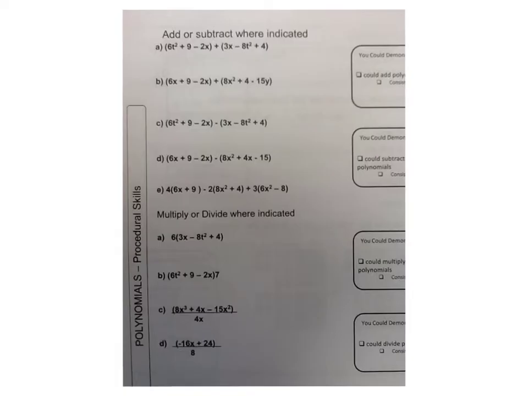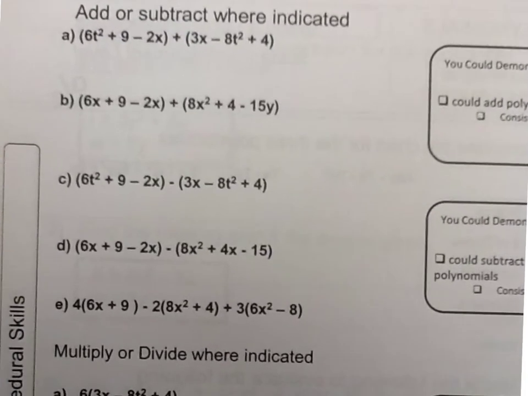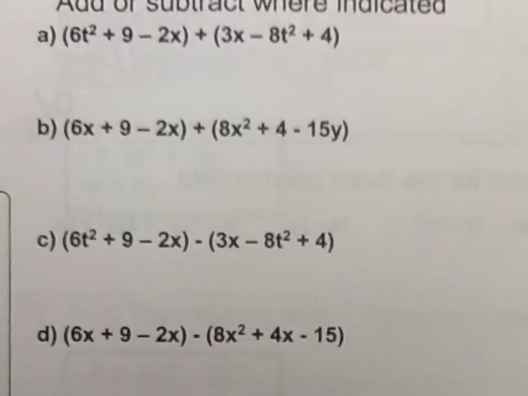Now on to the procedural math. We're going to enlarge this just so that we can see it a bit better. And you'll start by getting rid of your brackets. Now originally you usually will just rewrite all this, but in this situation you don't really have to because of this plus sign. So you would rewrite it as 6t squared plus 9 minus 2x plus 3x minus 8t squared plus 4.